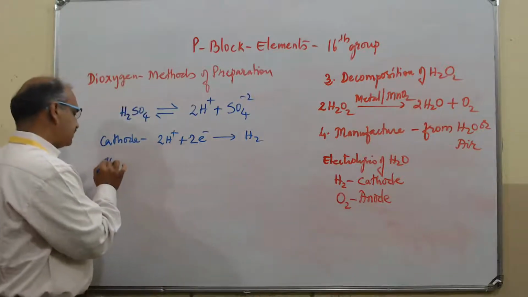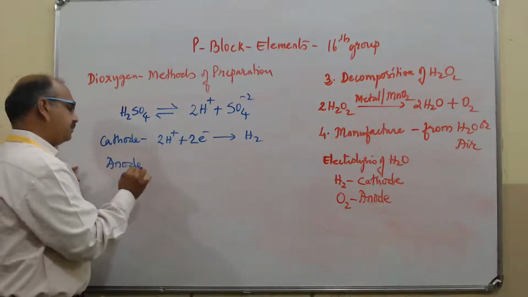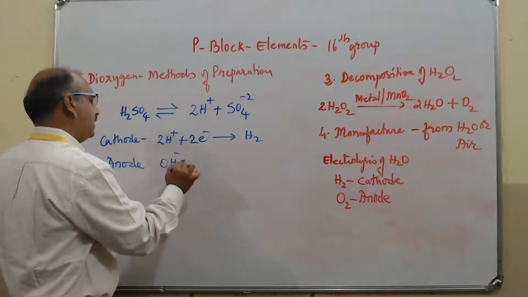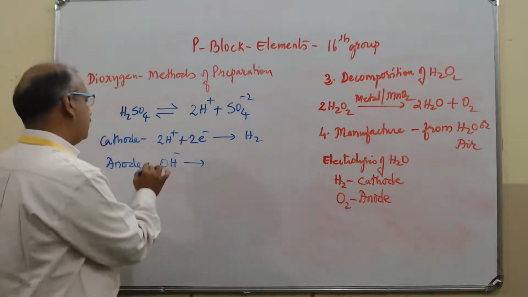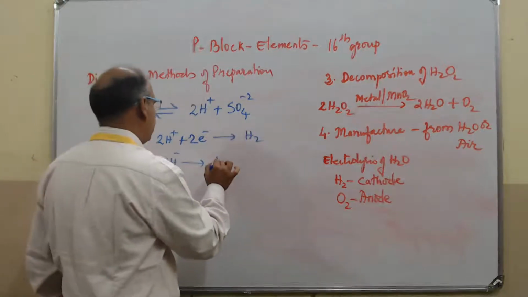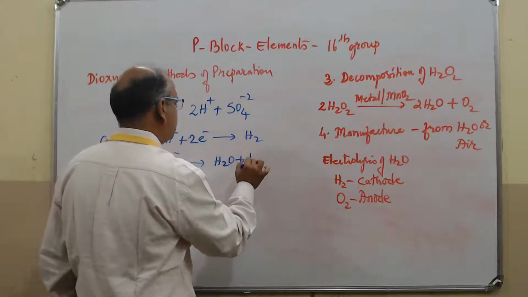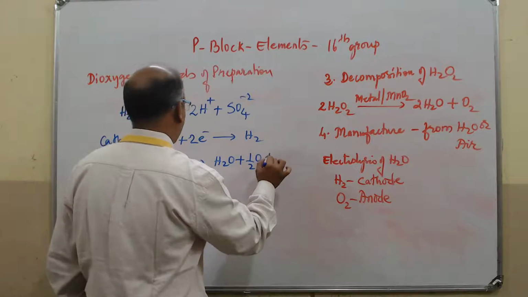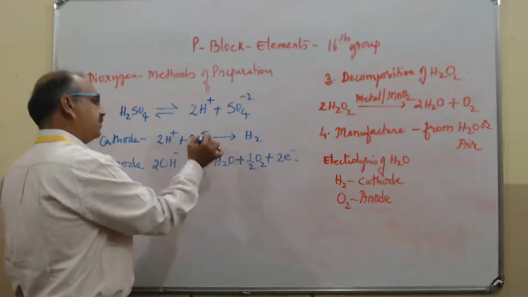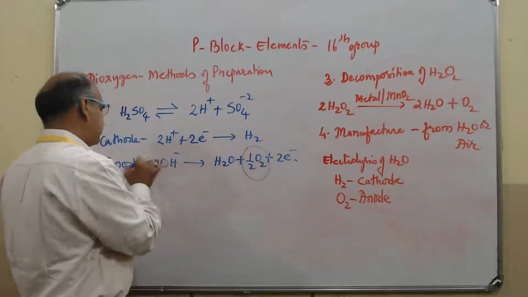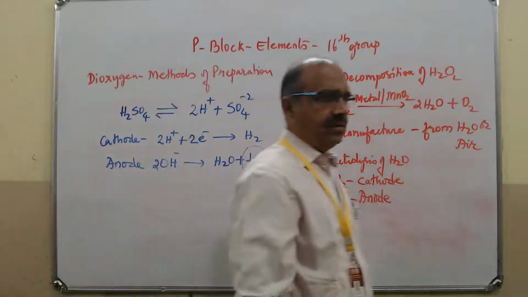Those OH ions at the anode, you will be taking two OH ions. It will give you H2O plus half O2 plus 2 electrons. Those 2 electrons are used up here and you are obtaining oxygen at the anode.